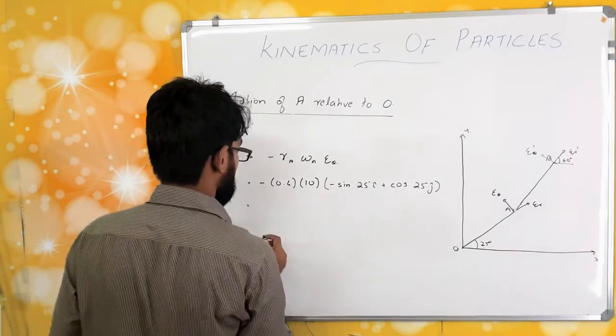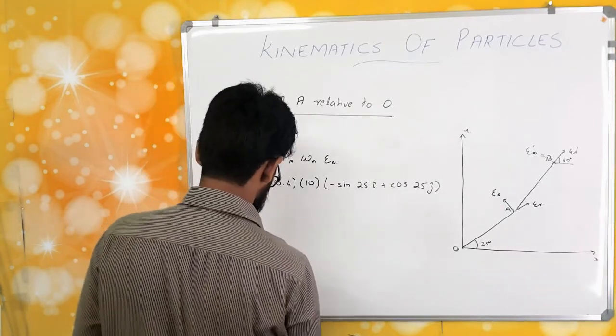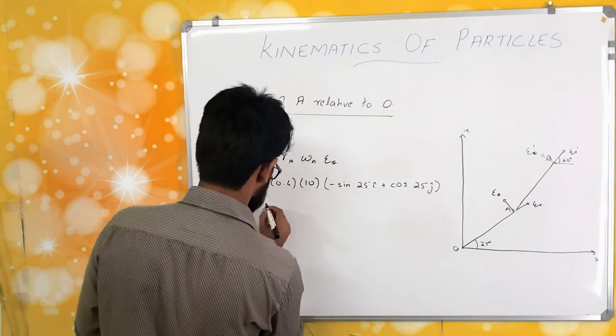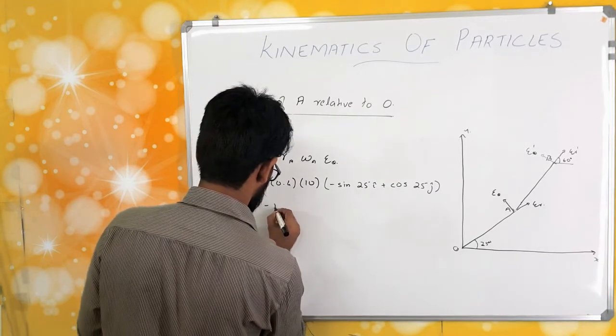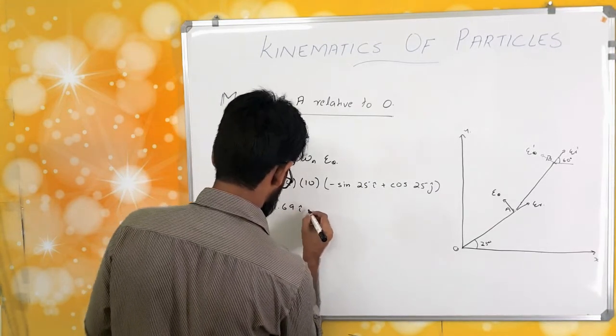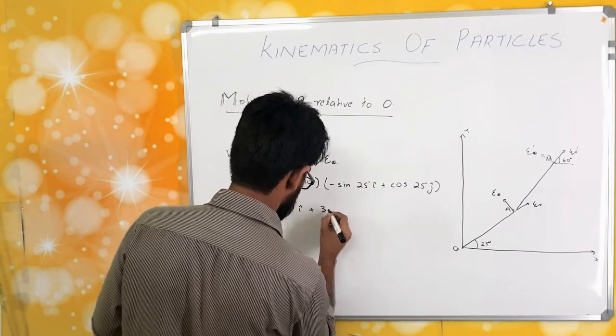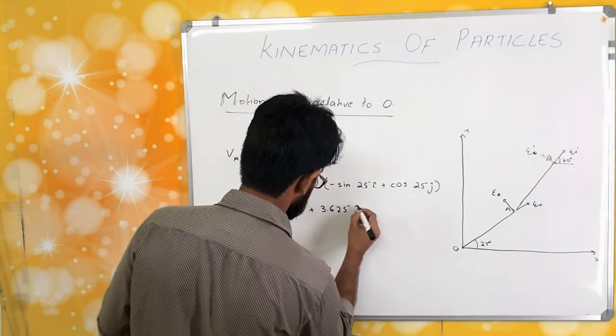So if you solve it out, you will get the corresponding answer as minus 1.69 I cap plus 3.625 j cap.